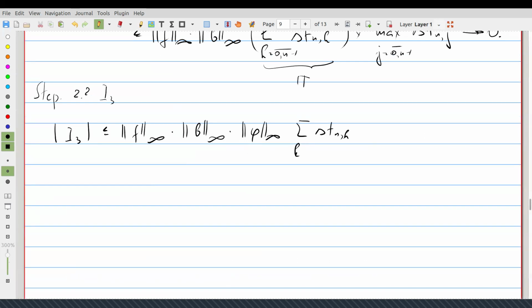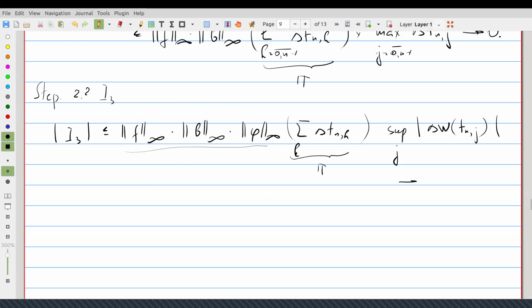This is positive by definition. And again we have the supremum over j of the modulus of delta w t n j. This is exactly T. These are just constants, and this goes to 0.